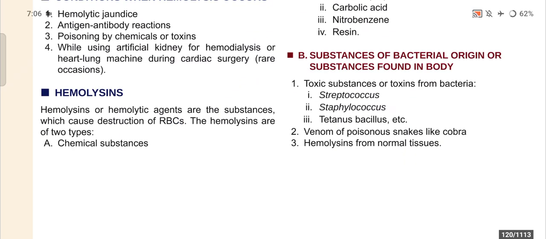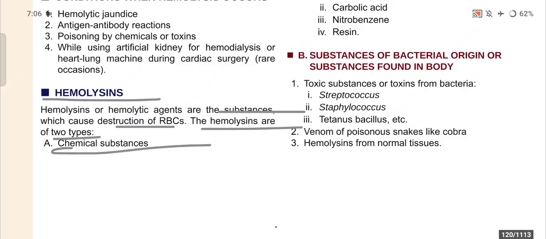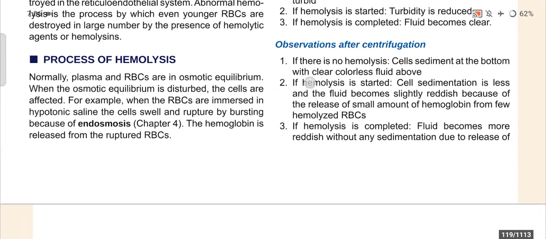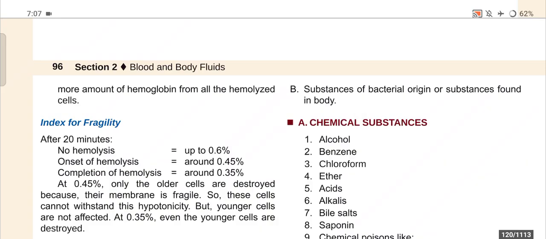Now we'll discuss hemolysins. What is a hemolysin? Hemolysins or hemolytic agents are the substances which cause destruction of RBC, and they are of two types. One is chemical substances and the other is substances of bacterial origin or substances found in the body.